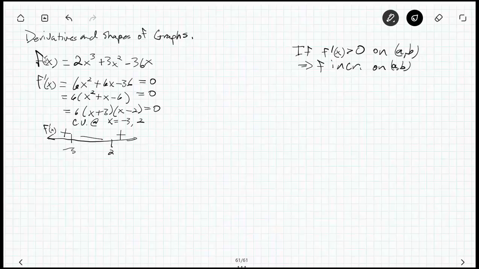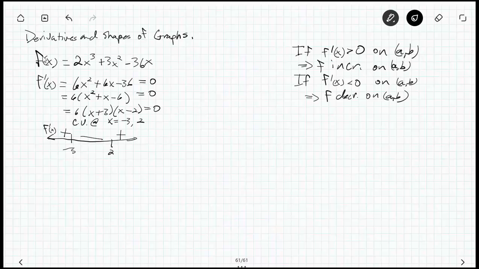We got this little running total over here of information. If f prime of x is less than 0 on (a,b), this implies f decreases on (a,b). Easy.